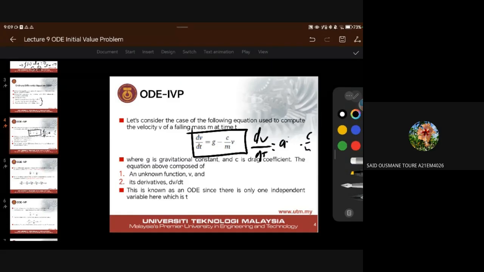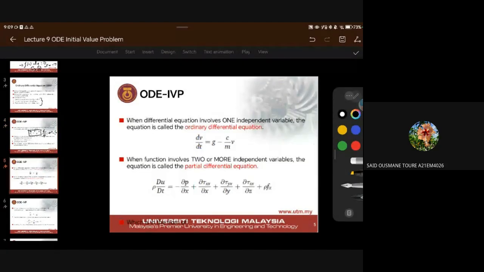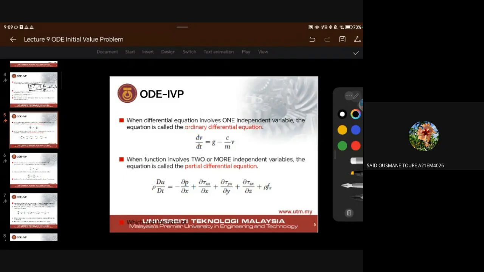So it can come in terms of only v on the other side, or both t and v are expressed here. Understand? So the unknown, what we are really trying to find, is usually v, the function v. That's usually the unknown that we need to understand. Fine. So don't worry. IVP is very, very, very simple.